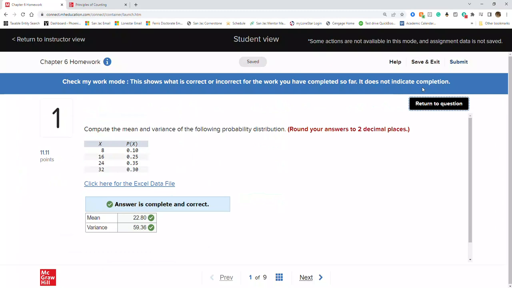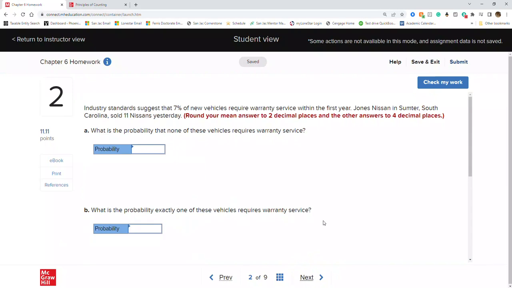But we always know question 1 is a little easier. Let's bump it up a notch, shall we? And we bring in question 2.